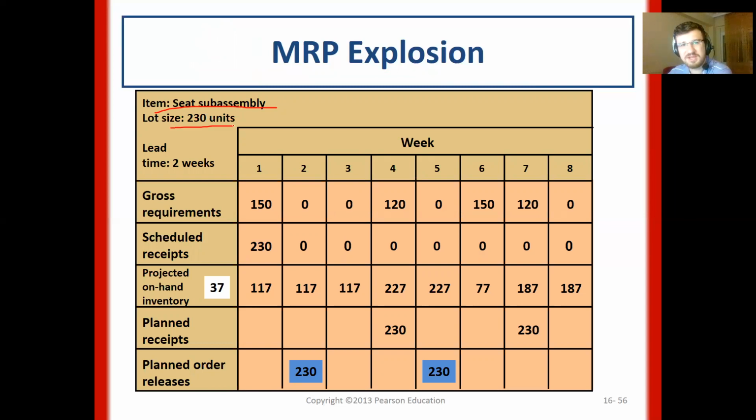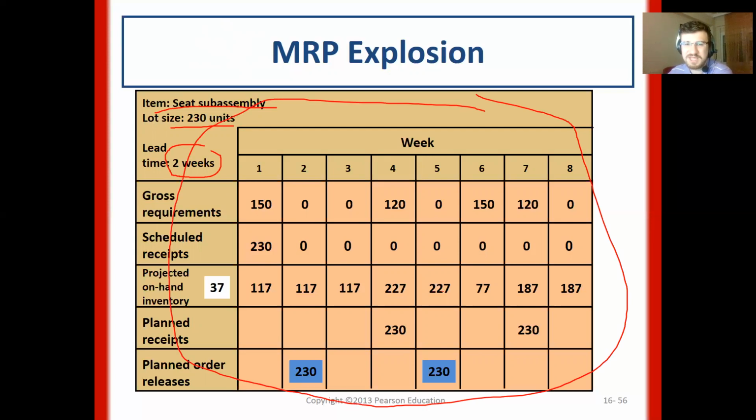We apply a fixed order quantity policy with an amount of 230 units, and the lead time is 2 weeks. This is what we did before, when I explained the fixed order quantity policy, this is the table we came up with. According to this plan, we should give 2 orders, one at the beginning of week 2, the other at the beginning of week 5, and the order sizes are 230.